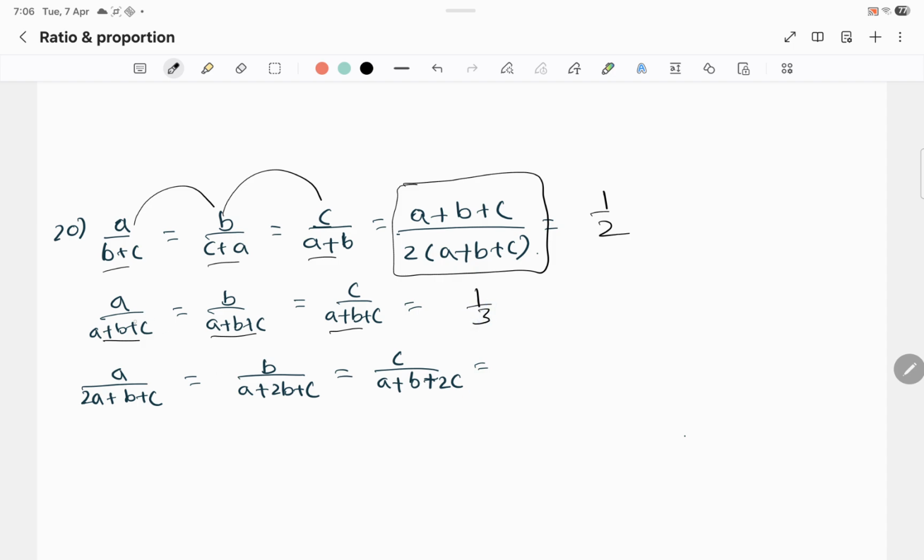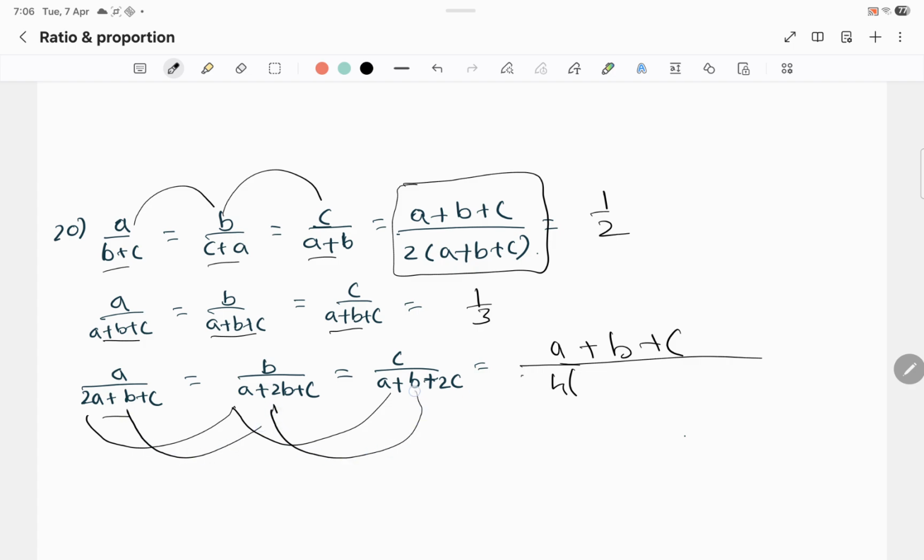If you add a by a plus b plus c plus b by a plus b plus c plus c by a plus b plus c, that will give 1 by 3. In this case, if I add all this, a appears 4 times, b 4 times, c repeated 4 times. So 4 is common, then again 1 by 4.